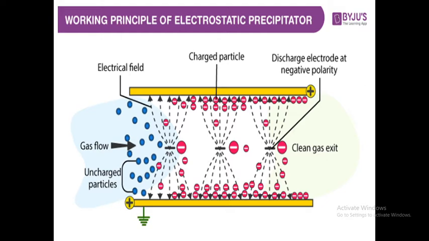Now the flue gas is free from dust particles as it flows through the electrostatic precipitator and is discharged to the atmosphere through the chimney. Are you clear? Okay. So this is the working principle of the electrostatic precipitator.